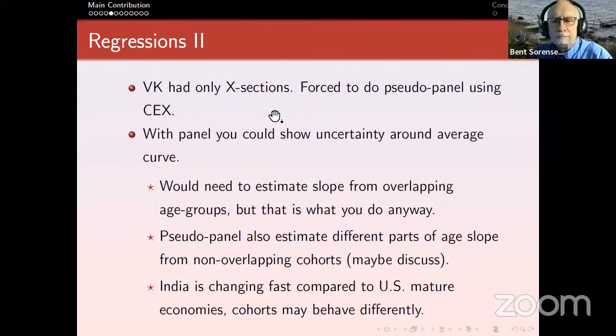So Bairoliya and Crook, of course, are forced to use cross sections if they wanted to use the CEX. With a panel, you could do an awful lot more, I would think. Like you could easily show uncertainty around this average.